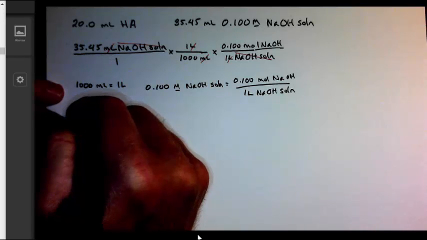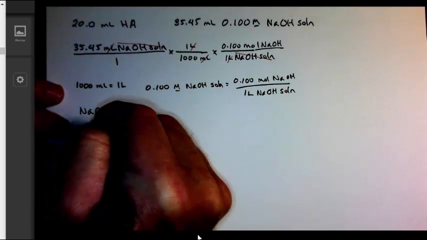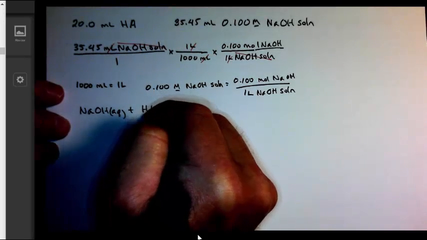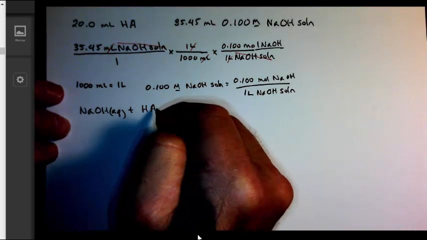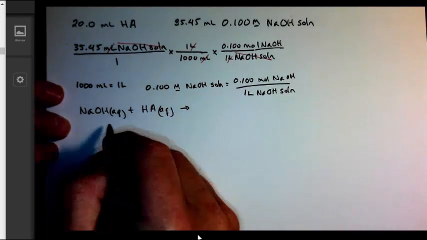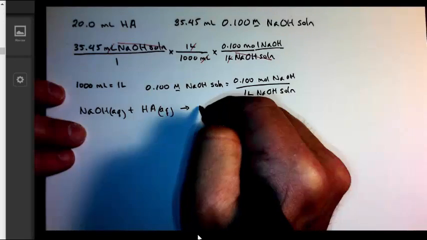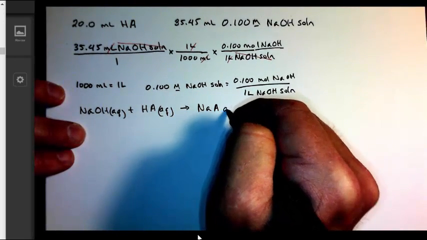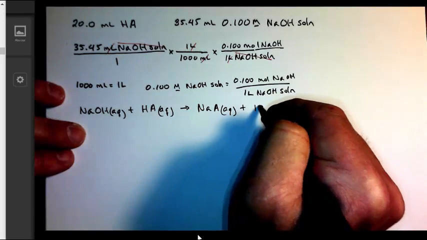So we have NaOH reacting with the acid, which we're going to symbolize as HA because we don't know exactly what that anion is in the back. And when you do the reaction, you get Na and some anion, and you get HOH.